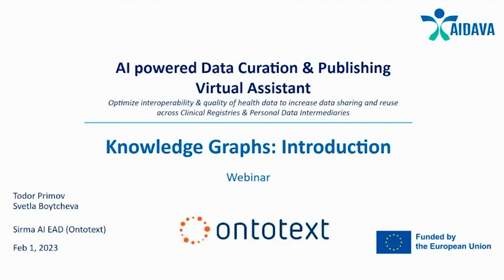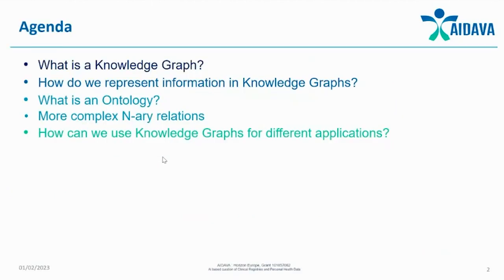The presentation will be delivered by Todor Primov and myself, and this is a very introductory presentation for the knowledge graphs. First, we'll start with the discussion, what is a knowledge graph. Later, I will discuss briefly how do we represent information in knowledge graphs.